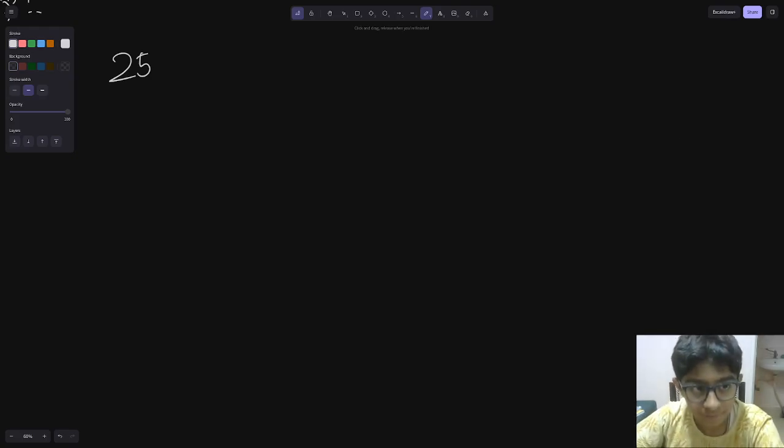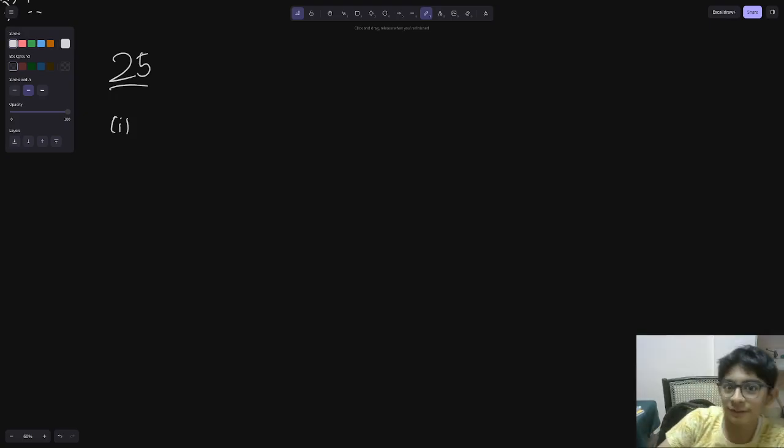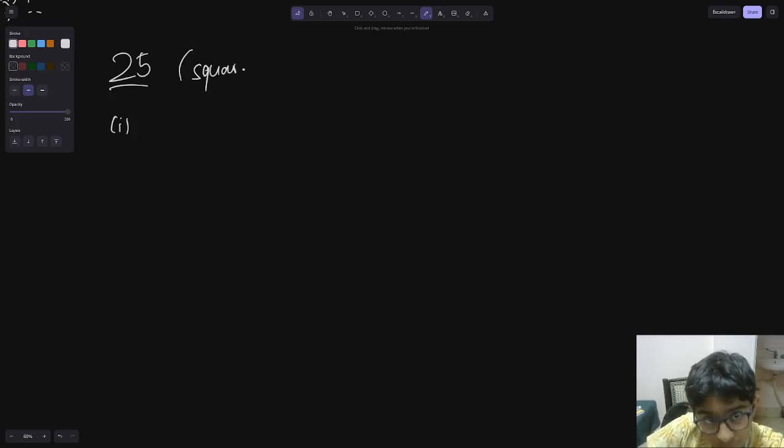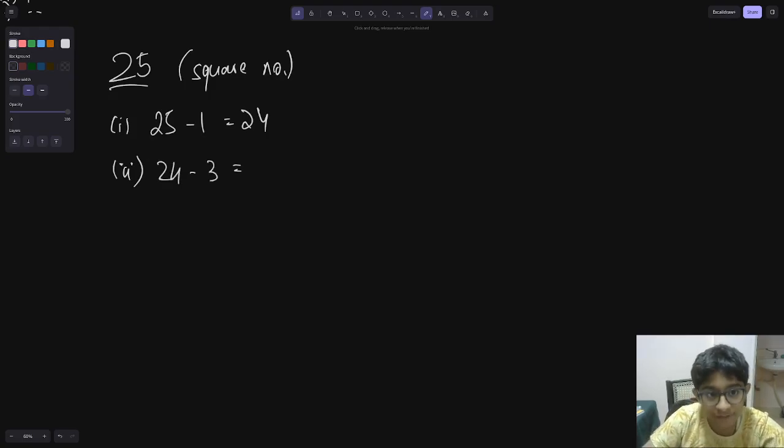Okay, so I can take 25 and go on subtracting odd numbers from it. Will we reach 0? Let's see. Is 25 a square number? Yes, note it. It's a square number. So let's go on with this. 25 minus 1 is 24. Next odd number is 3. Subtract 3 from it.